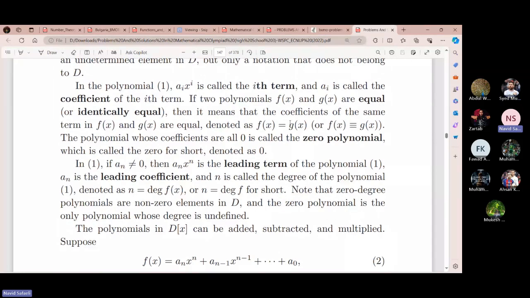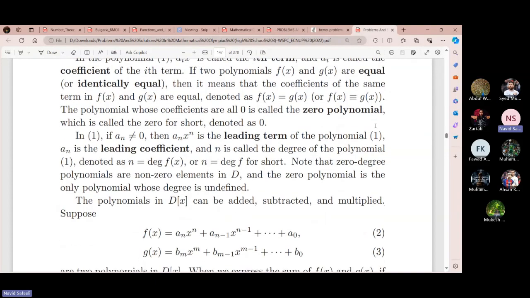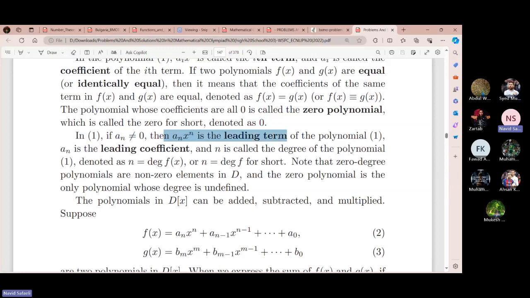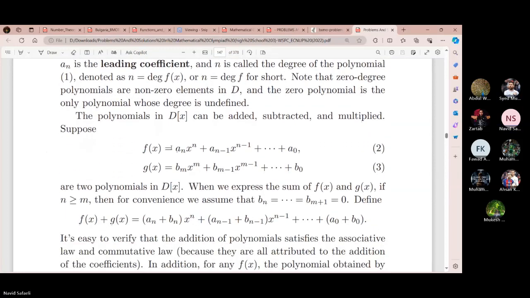When we say that two polynomials are equal or identical, we write this if all the corresponding coefficients are identical. We know about the zeros of a polynomial. We call a_n x^n the leading term and a_n the leading coefficient.